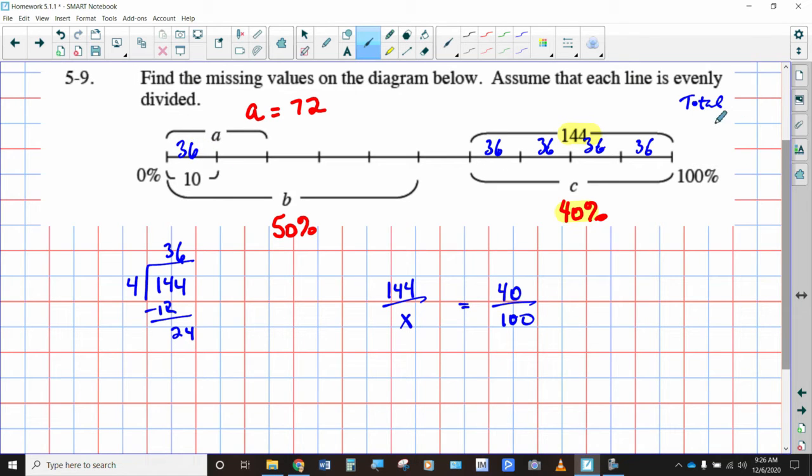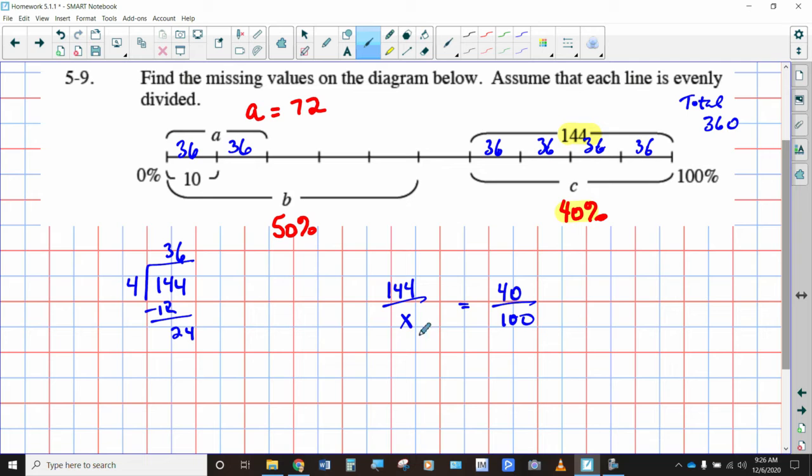So that means that the total is going to end up having to be 360, right? So this is 36, which 2 of them make 72, 4 of them makes 144, and this represents 50% of the data, right? 1, 2, 3, 4, 5 tenths is 50%, and this represents 40% of the data.